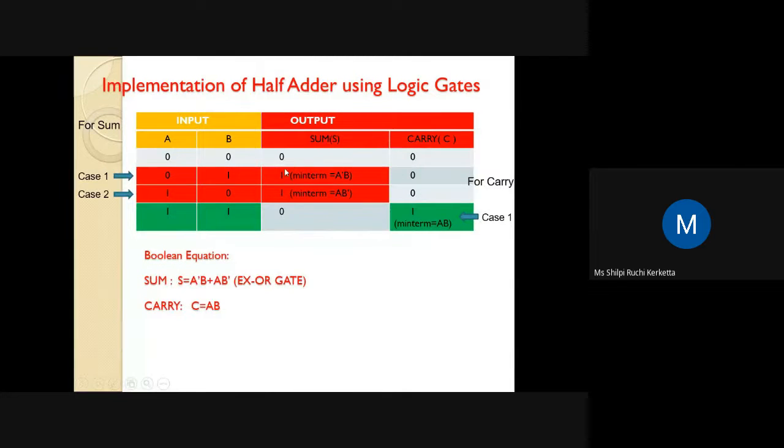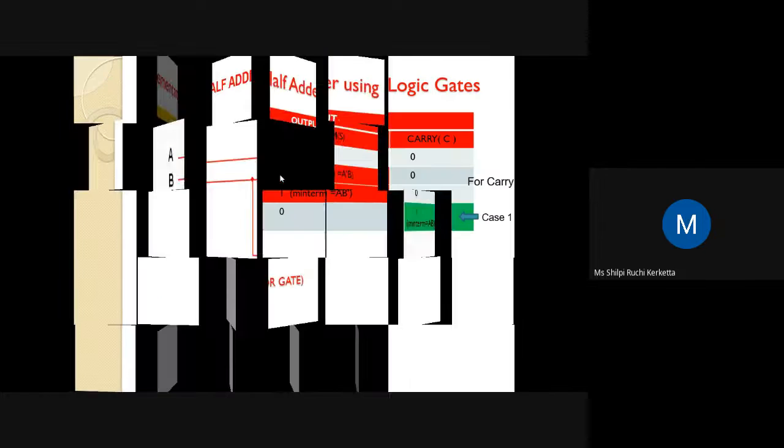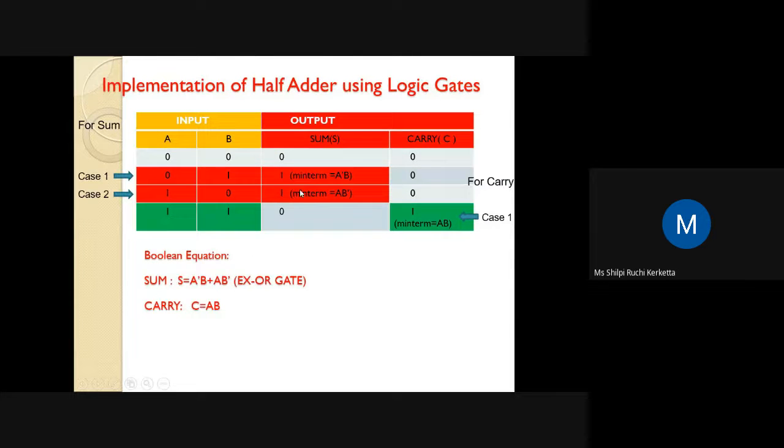So if we use sum of products, for the sum only this case is working, and only this case is working. So this will become our first case, and this will become our second case. So what will be the input combination for this? 0 1.